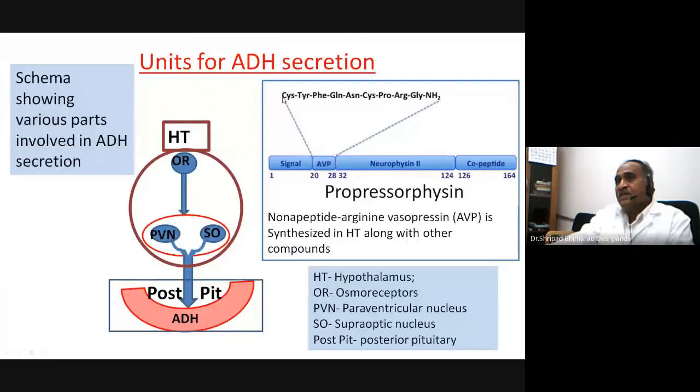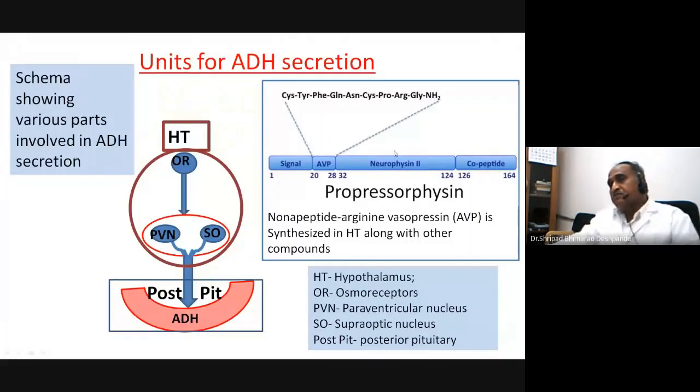So this is the configuration of the AVP: cysteine, tyrosine, phenylalanine, glycine, and aspartic acid. These are the amino acid residues. This is the amine terminal. So this forms the AVP or arginine vasopressin. Now, neurophysin 2 is also one of the factors necessary for neural growth, and then there is copeptin.